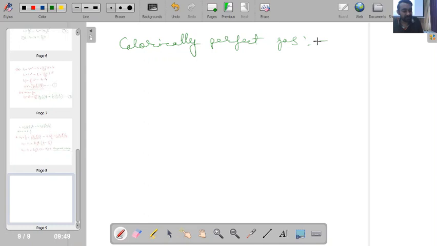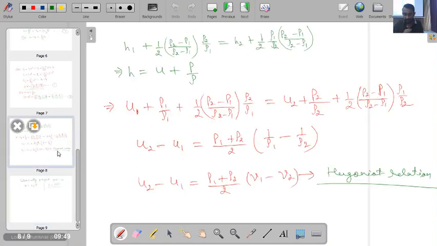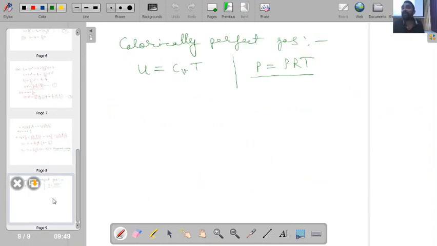Similarly, if we take over here the assumption of a calorically perfect gas, that U is equal to CvT, where Cv is constant, and P is equal to rho RT, and invoke these two assumptions in the equation we just obtained, identical to the Hugoniot relation, we will be able to find the variation of properties T2 by T1 and rho 2 by rho 1, etc.